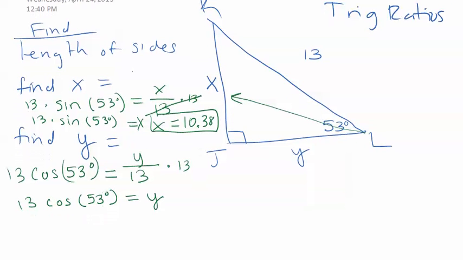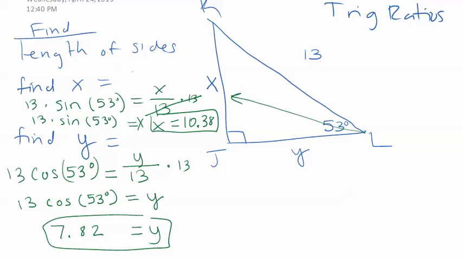So I have 13 times, and in my case, it's second cosine, 53, and then enter. That gave me that side y is 7.82. So 7.82 is the length of side y.